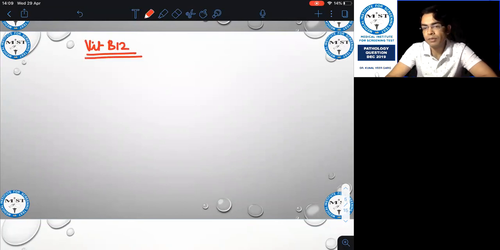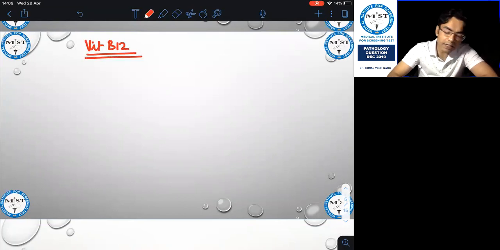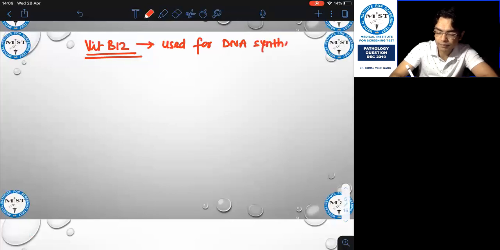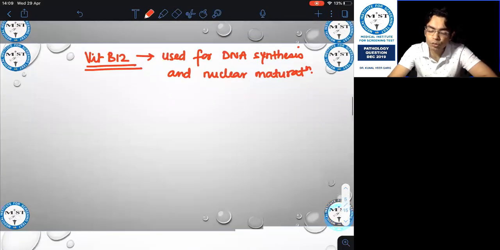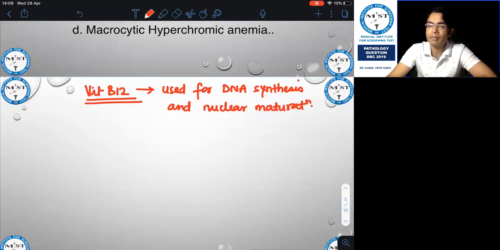What is the need of this vitamin B12 in our body? The need of this vitamin B12 is that it is used for DNA synthesis and nuclear maturation.